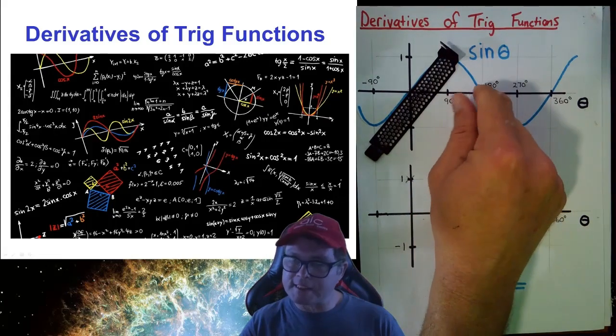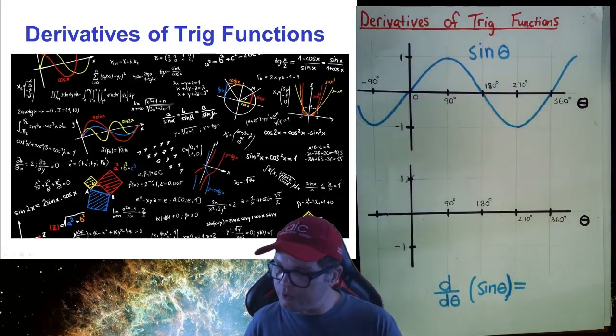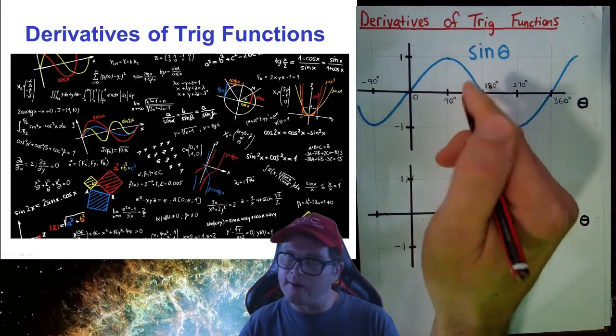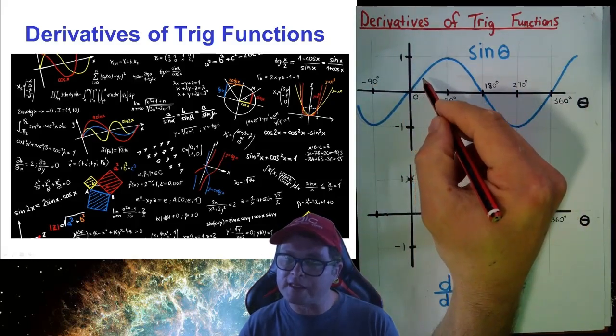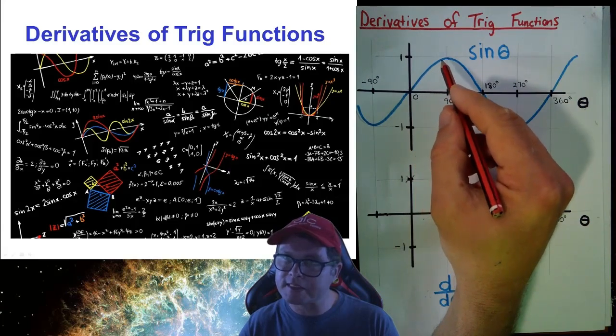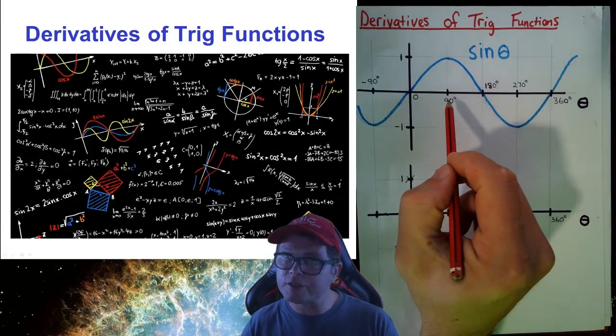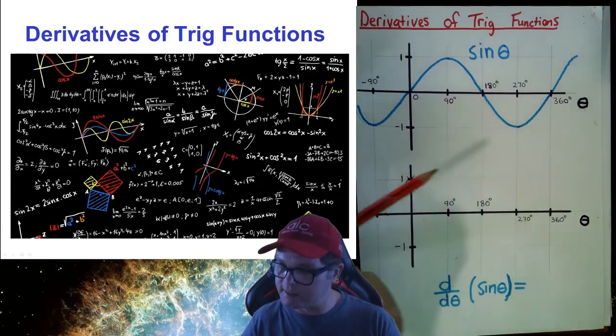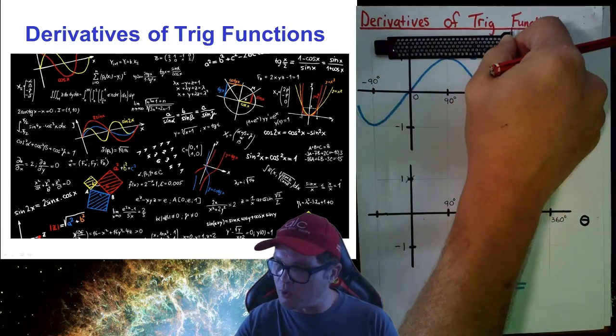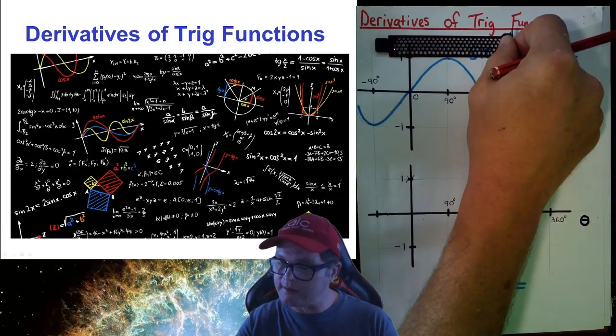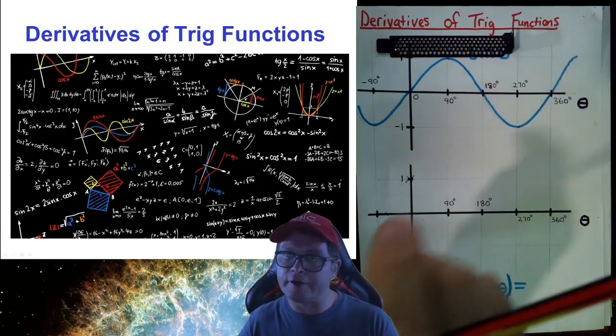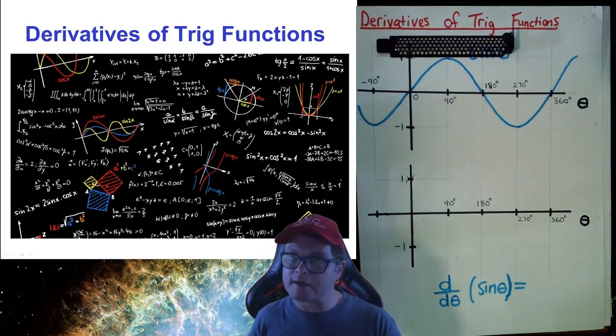Then as we move along this point here, the gradient decreases until we get to the point where theta equals 90 degrees. And at this point, the gradient decreases to 0. A tangent to the line would look like that.